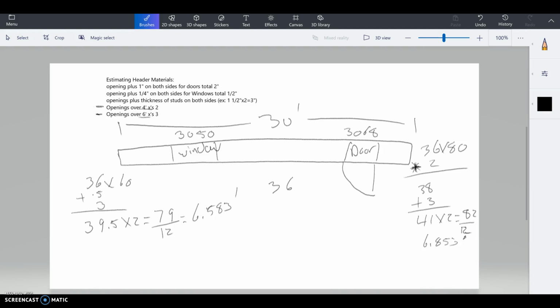So here it would be the 36 plus 6 inches plus 0.5.